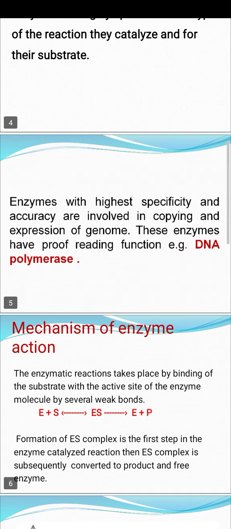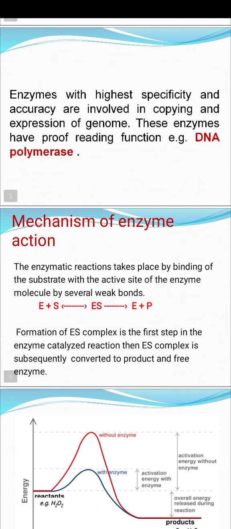Mostly, the mechanism of enzyme action is that the enzymatic reaction takes place by binding the substrate with the active site of the enzyme molecule by several weak bonds. When the enzymatic reaction occurs, the enzyme-substrate complex forms first, through the active site.